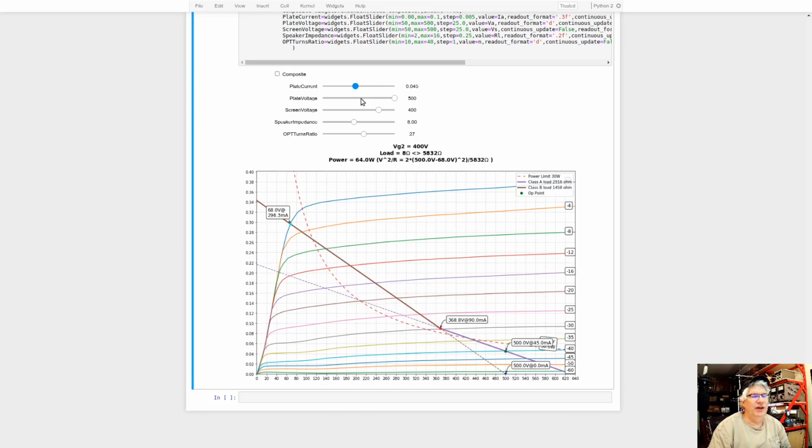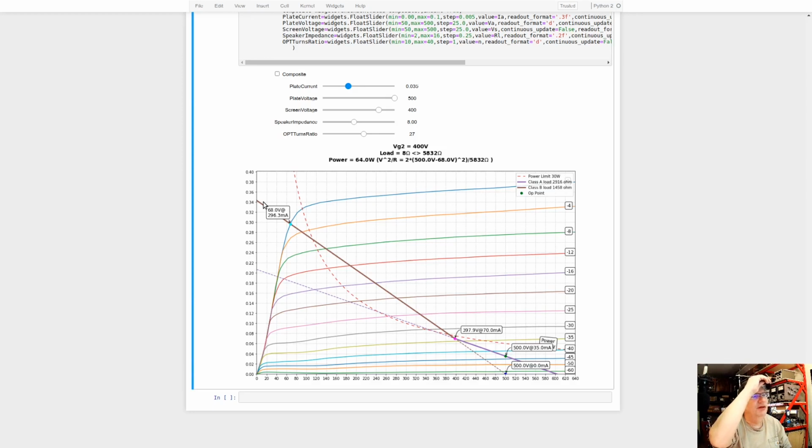So we're now effectively moving only the class A portion of the transfer plot, the load line. We're only moving it down. We're not changing B at all. We're only changing A, because B is set by the plate voltage.